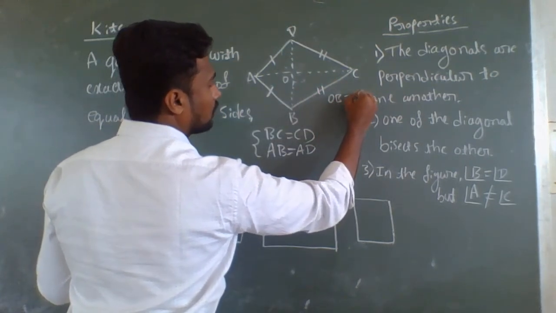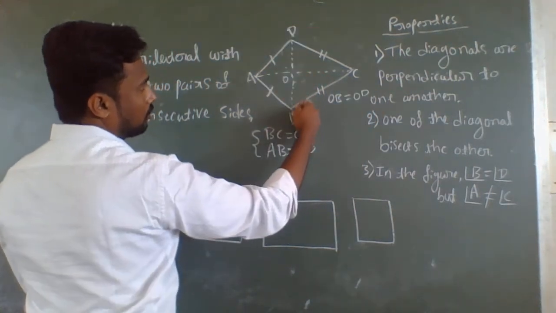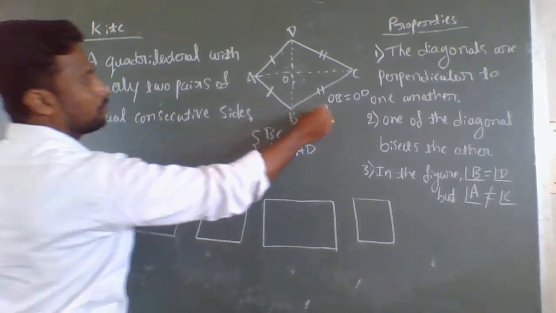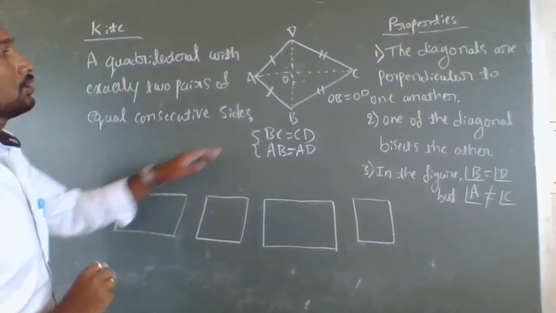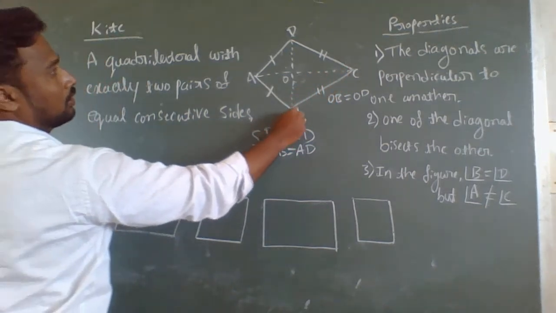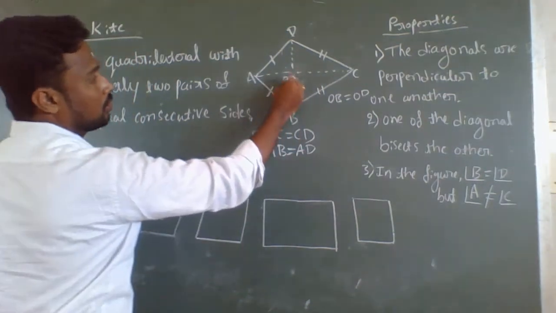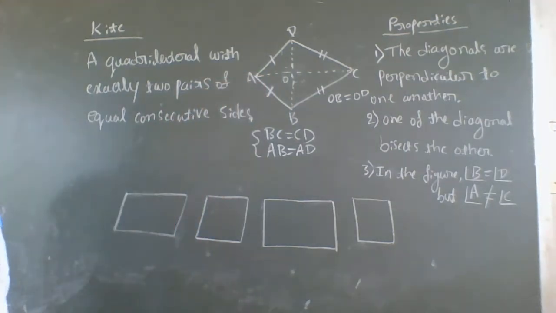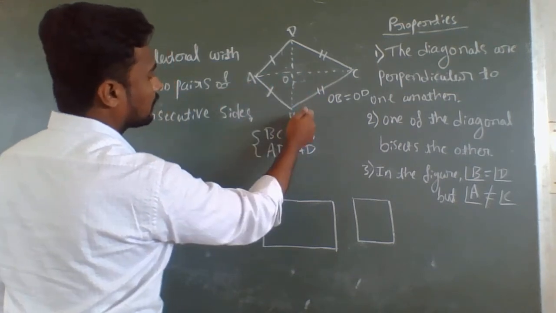Diagonal BD is bisected by AC, therefore OB is equal to OD. So one of the diagonals, AC, is bisecting diagonal BD. But here OA is not equal to OC, because OC is larger than OA. Therefore, AC is bisecting BD.